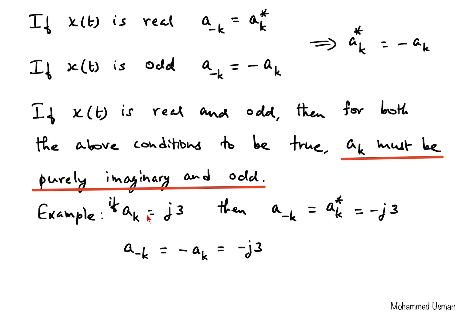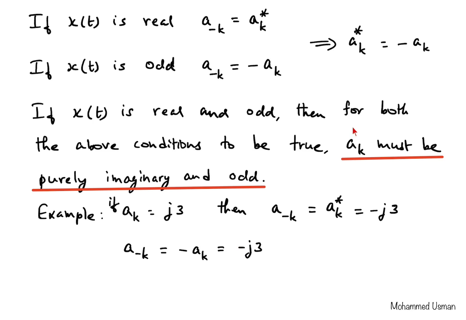So I've just taken an example here, that ak is j3, then a minus k, which is the complex conjugate of ak, is going to be changing the sign of the imaginary part, so it will be minus j3. But a minus k should also be equal to minus of ak because it's odd. So if ak is j3, minus of ak is minus j3.